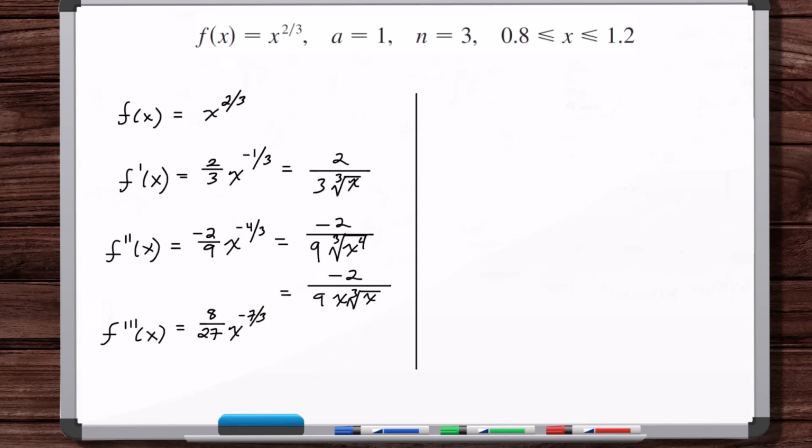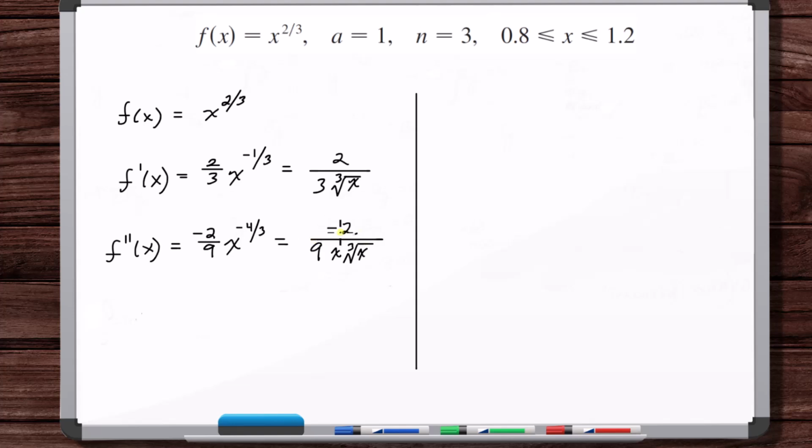So let me make some room. So this is 27, and then x to the 7th. Now this is x cubed times x cubed times x.